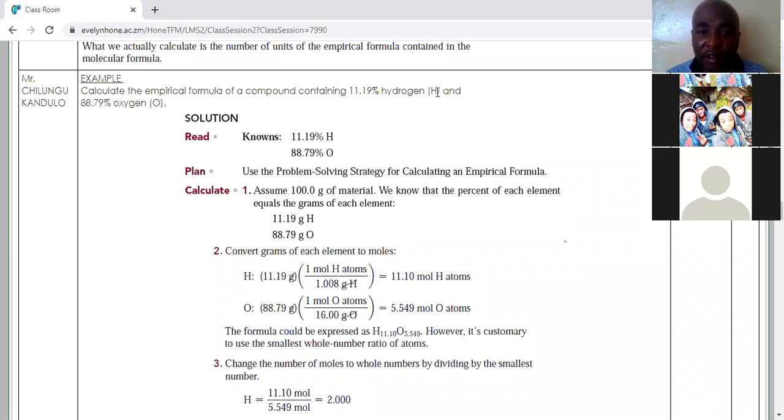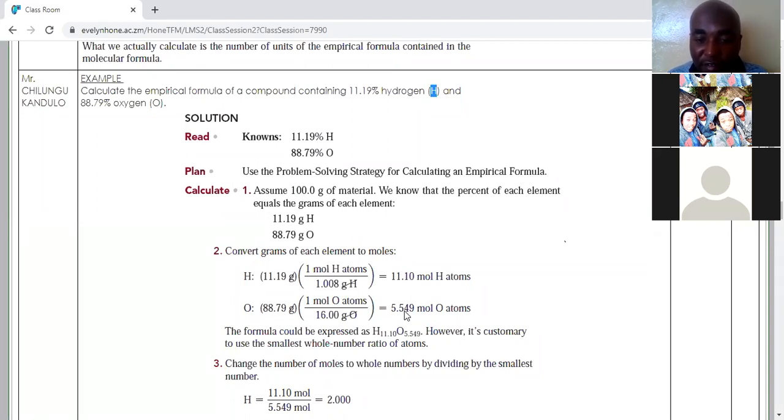Hydrogen molar mass is 1.008, oxygen is 16. So you get the moles. 11.19 over 1.008 gives you 11.1 moles, and oxygen over 16 gives you 5.549 moles.